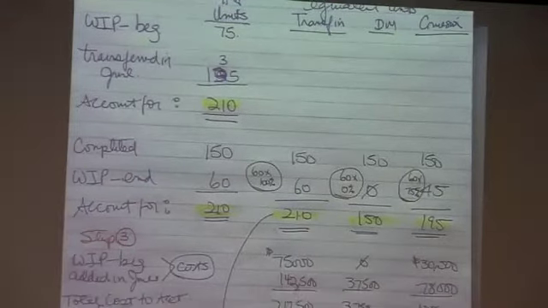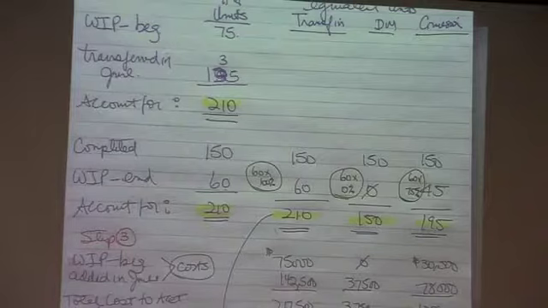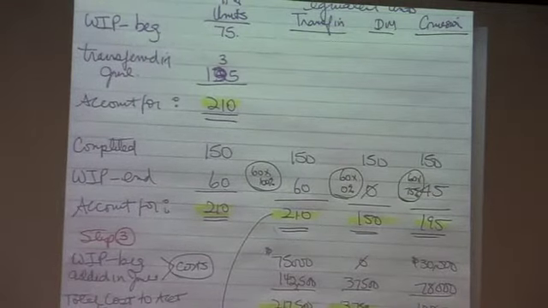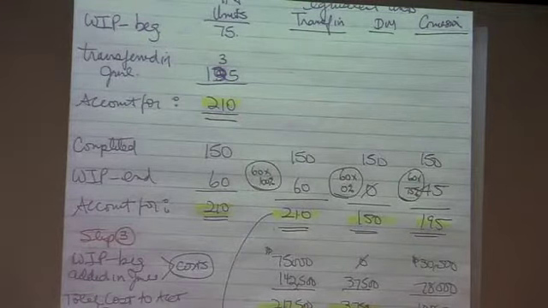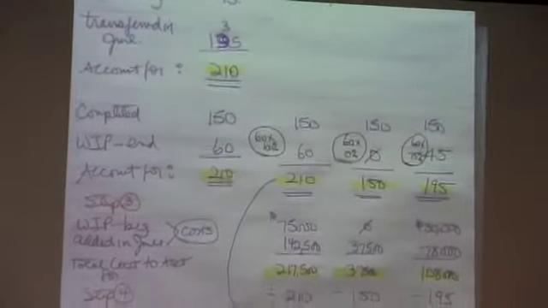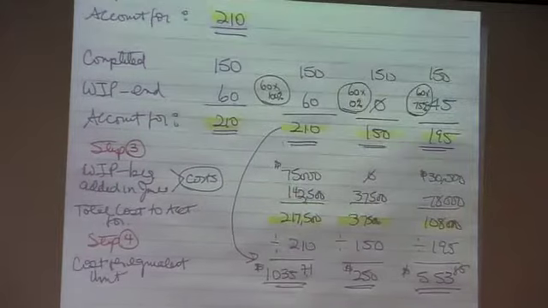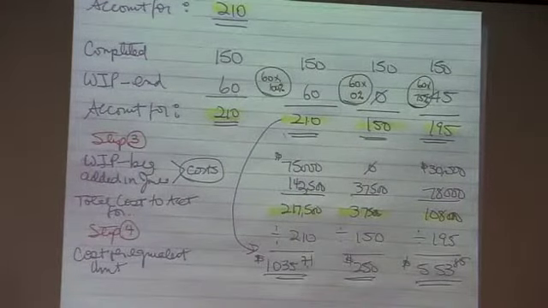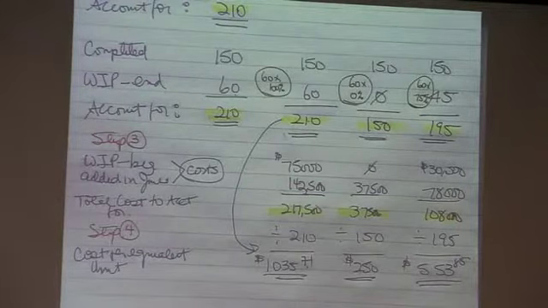Step 3 says, what was the total cost we need to account for? And that's what these are. Step 4 says, let's calculate the cost per unit. Now, step 5 is we're going to assign the cost. We're going to determine the total cost that's going to be in finished goods and work in progress.